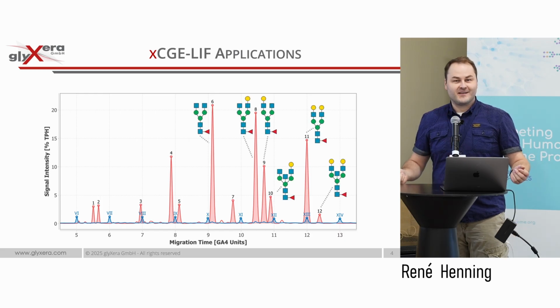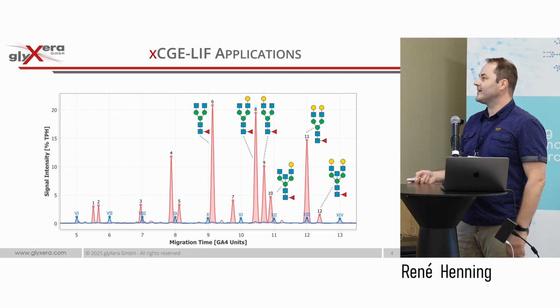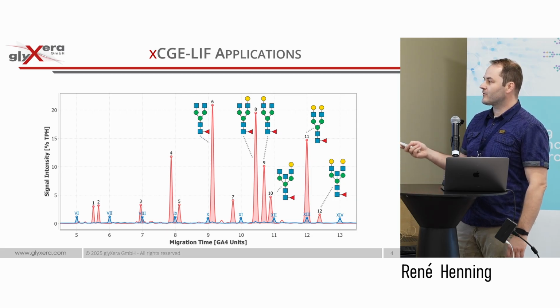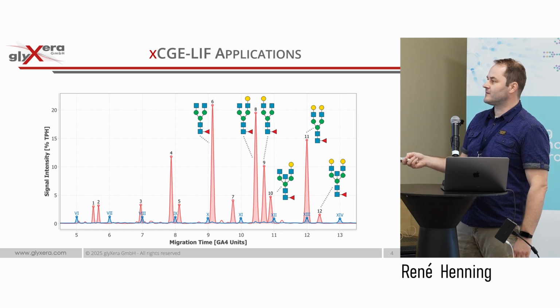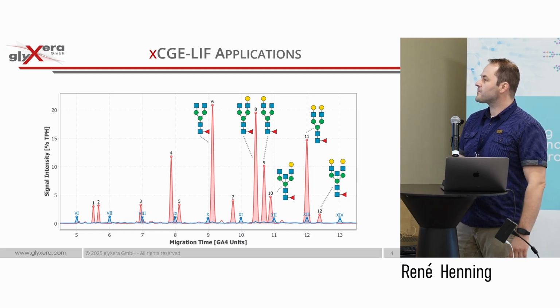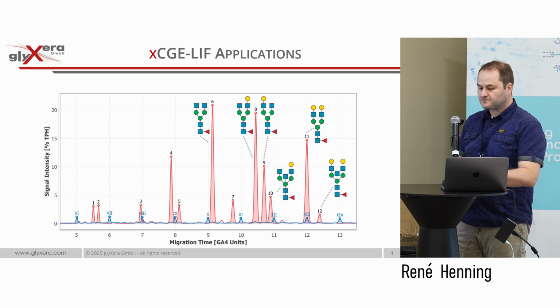We also have an automated software, Glückstuhl, which has a database inside and analyzes your electropherogram. Here you probably already recognize it's an IgG, and these are the glycans of an IgG.